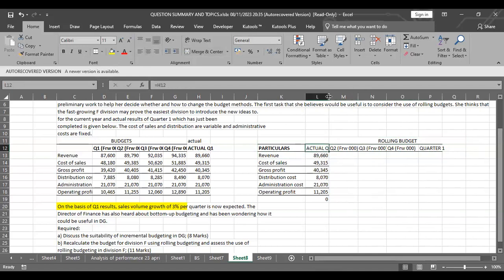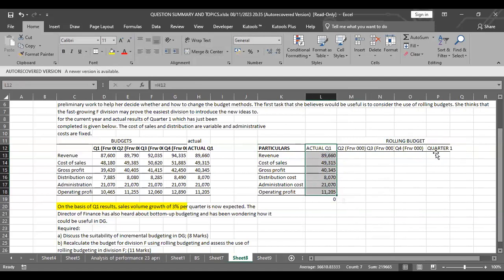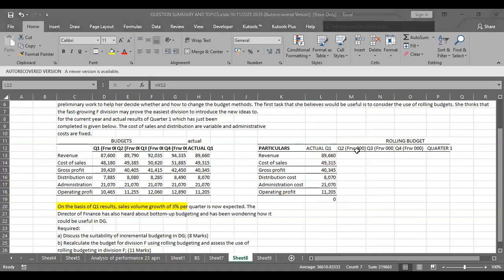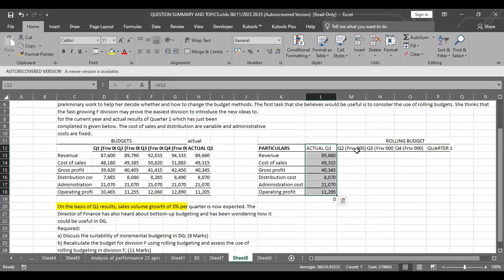No, Q1 is already actual, so it's already covered. Budgeting is planning, so our plan is future, and future means Q2 is the future. By definition, you have nothing to do with Q1. It's done. It's gone.